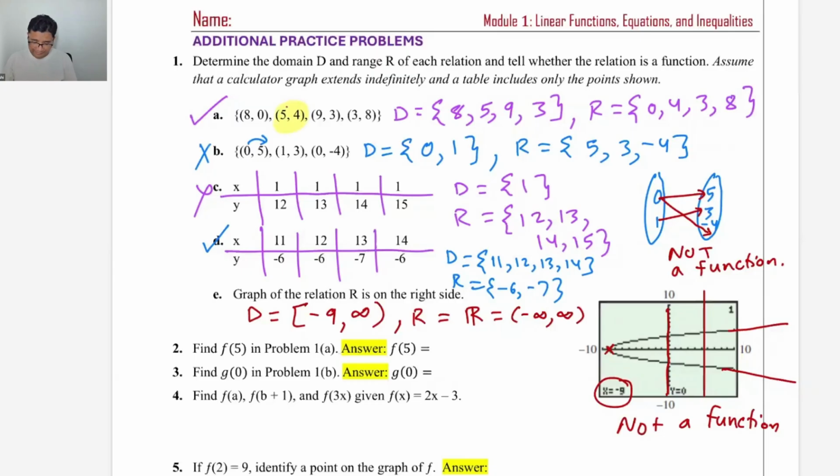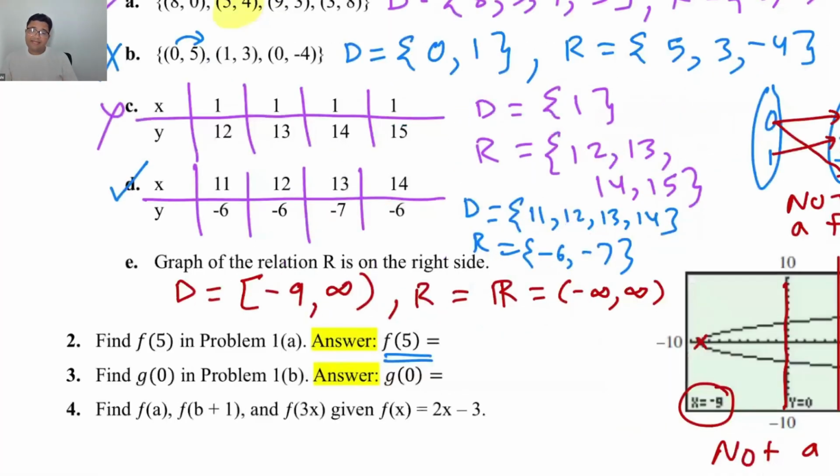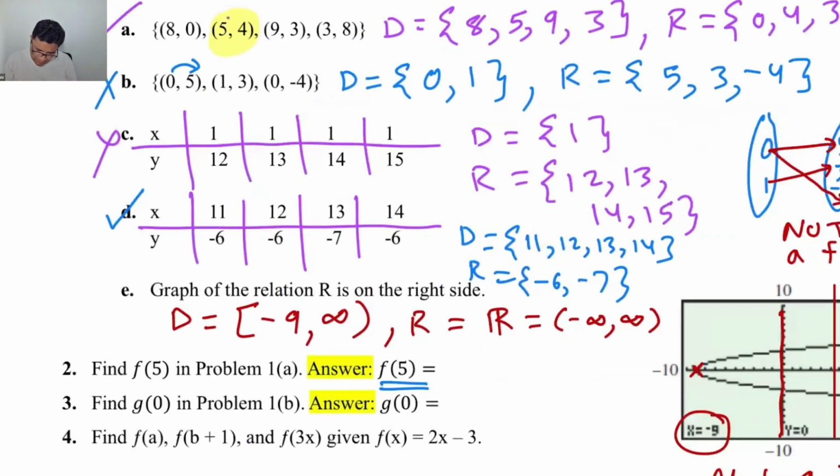When I write f of 5, this is the meaning of this notation: the function value at input 5. The input is 5. What is the output? And output is the y value. Okay, do the same thing.